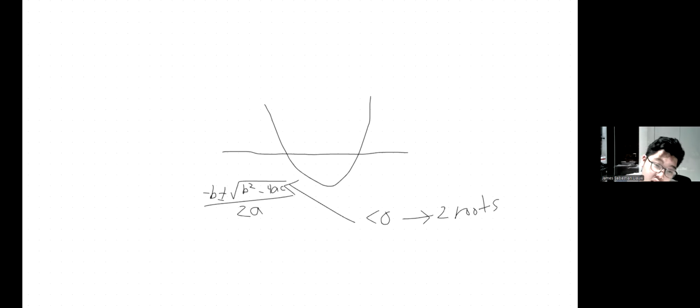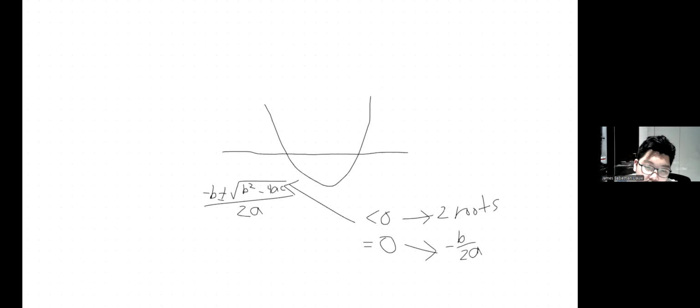If this is real, then there are two solutions, obviously. If this is equal to 0, square root of 0 means 0, right? So there's one root only. And actually we know that there's a general solution for that. It's minus b over 2a.